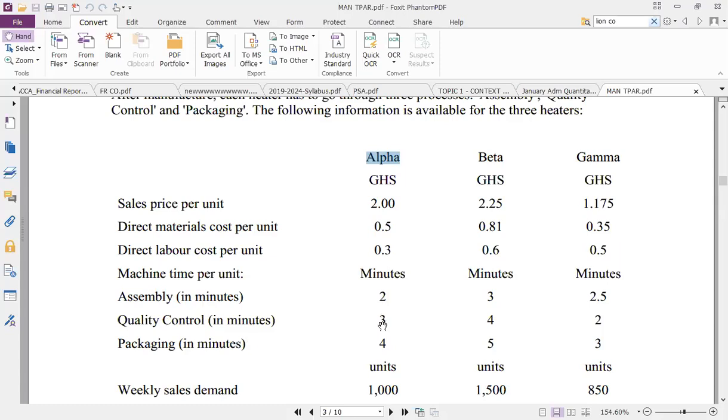Then it takes 4 minutes to package it. Beta takes 3 minutes for assemble, then 4 minutes for quality control test, then 5 minutes for packaging. The same thing applies to gamma.